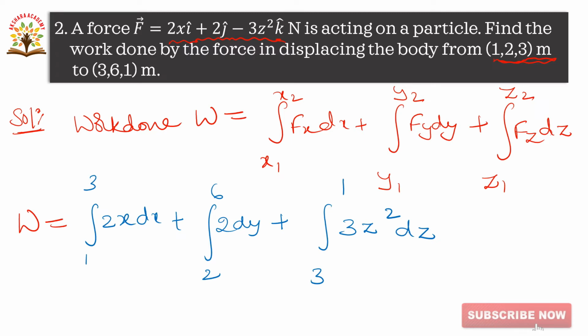Here also we have to take plus, it is not minus, plus 3z square k bar. Okay. Now plus 3z square dz.